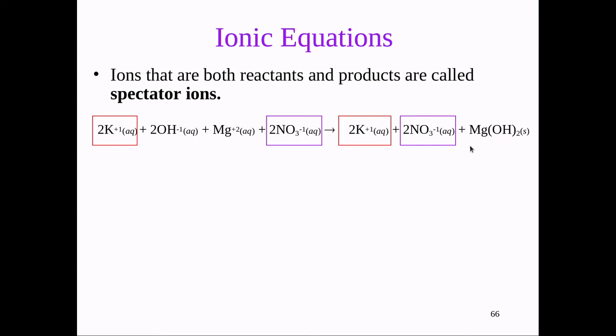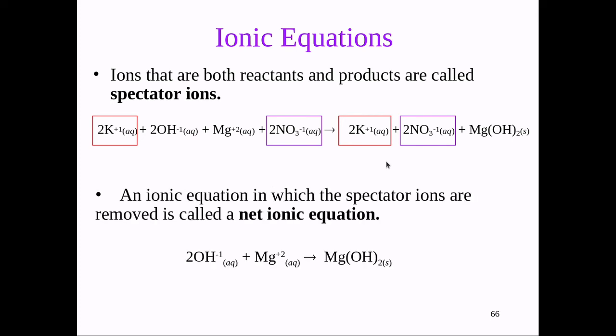So if we think about what the physical meaning of that is, that basically means that nothing happened to these guys. They were spectators. They just watched magnesium and hydroxide combine together to form magnesium hydroxide solid. So when you have something that's on both the left-hand side and the right-hand side and nothing's changed about it, that means no reaction happened between them.